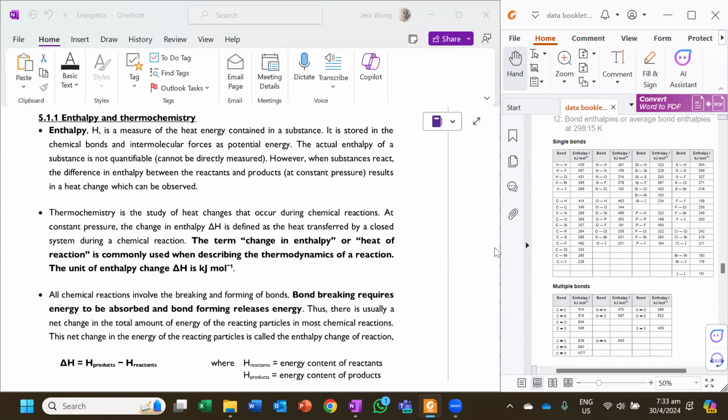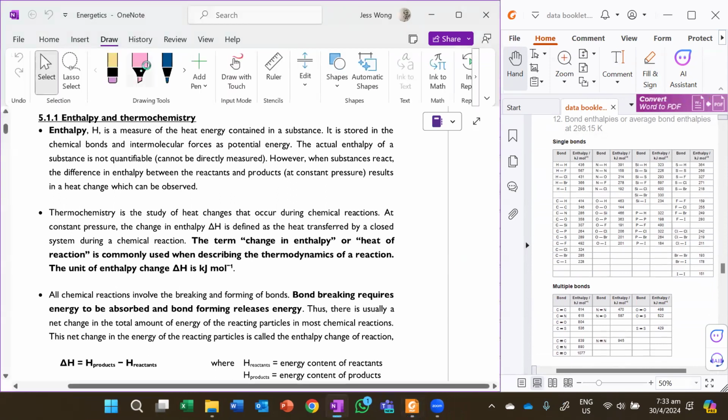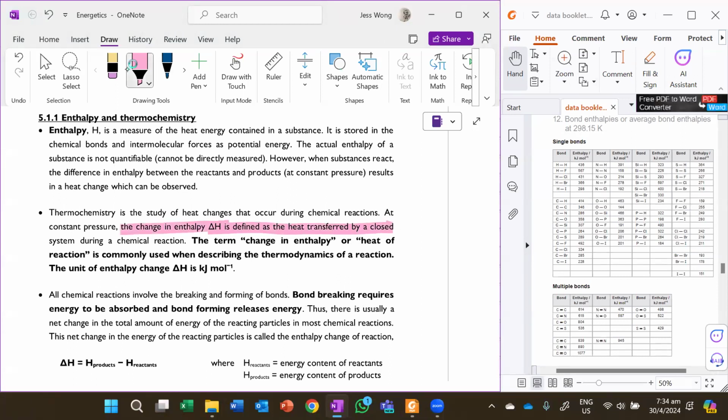So as mentioned before, enthalpy change is actually a measurement of the heat energy change during a reaction. Usually we cannot quantify the actual enthalpy, but what we are measuring is the change in the heat energy, or the change in the energy of the system during a chemical reaction. The general unit for enthalpy change of a reaction is kilojoules.